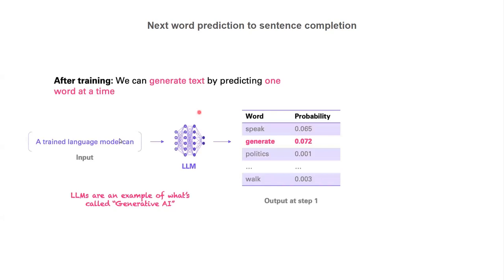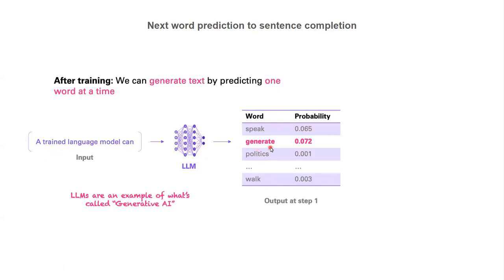Now, let's see how we can use this to come up with sentence completion. After training, we pass the input and ask the LLM to generate the next word. The input is: a trained language model can. The model says generate is the best word.